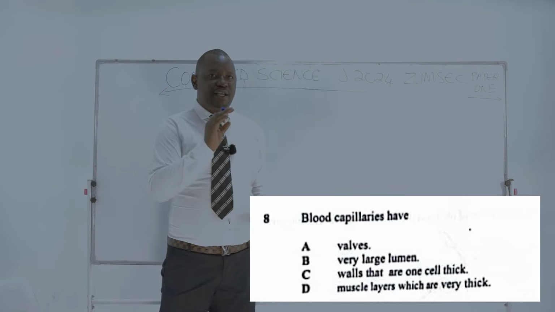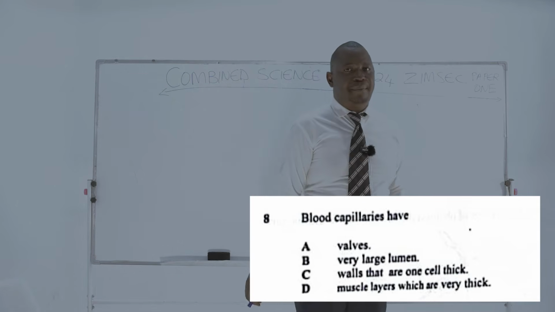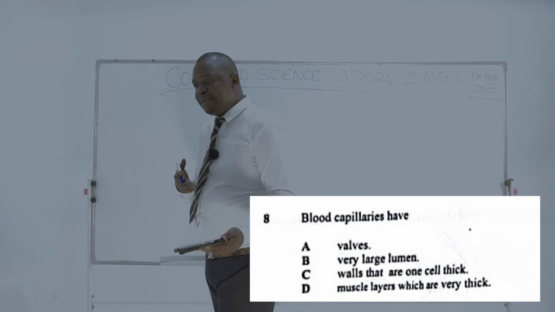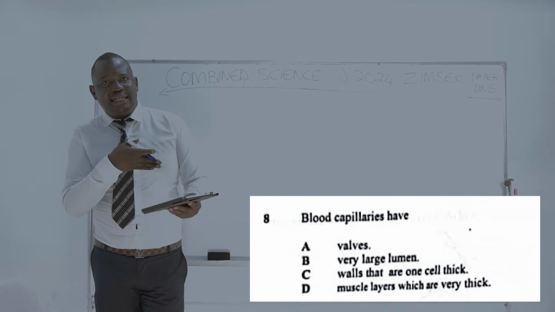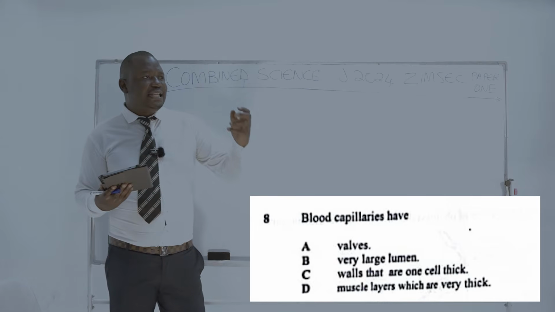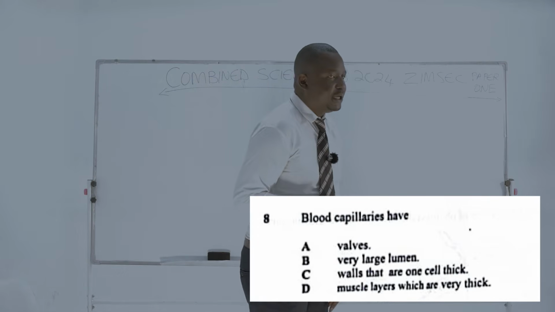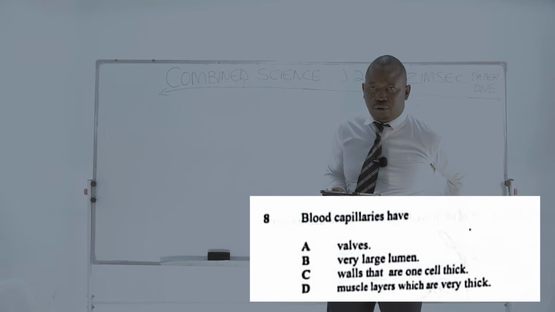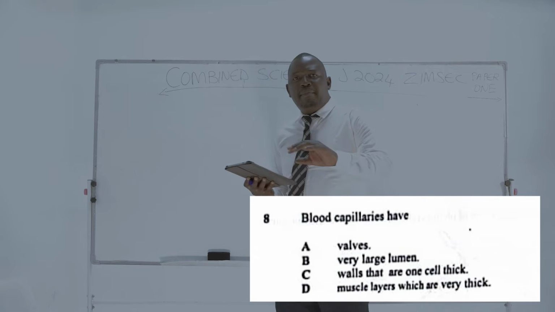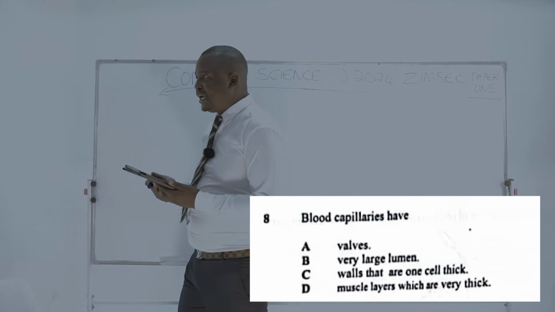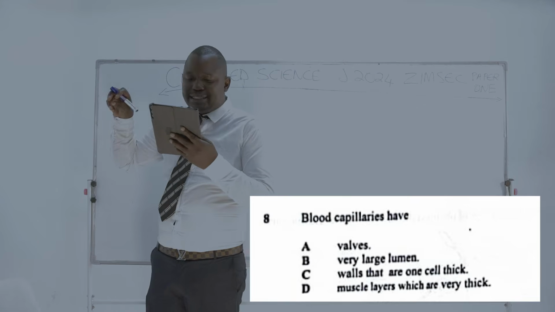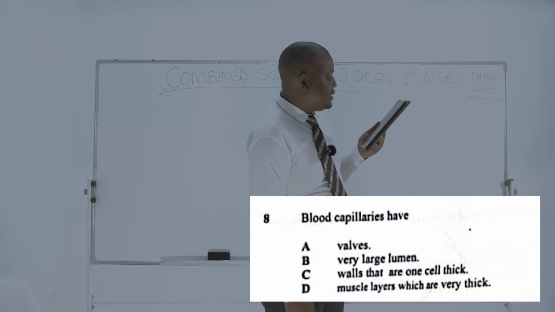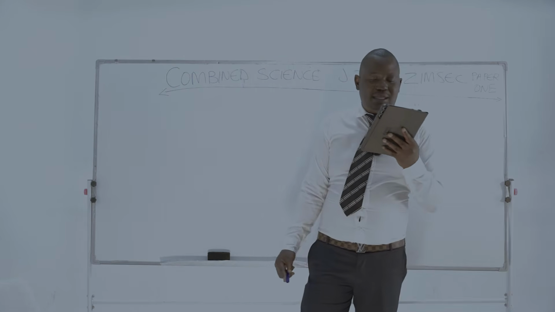An artery has a very small lumen and a thick elastic fibrous layer to withstand the high blood pressure, because high blood pressure leaves the arteries vulnerable to bursting. So to avoid that impending catastrophe, arteries are made with a thick elastic fibrous layer outside. Right. So the answer here for question 8 is C, walls that are 1 cell thick.